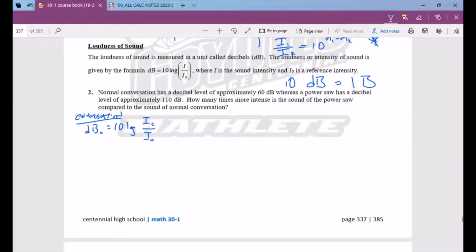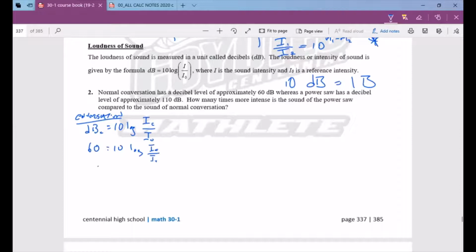And so to move ahead, this ends up being 60 is equal to 10 log IC over I naught, dealing with 60 decibels. As we've seen before, we should divide both sides by 10 to get that logarithm by itself.